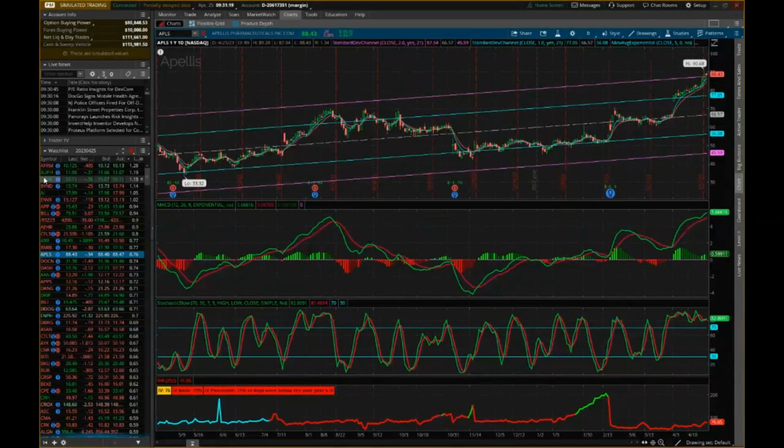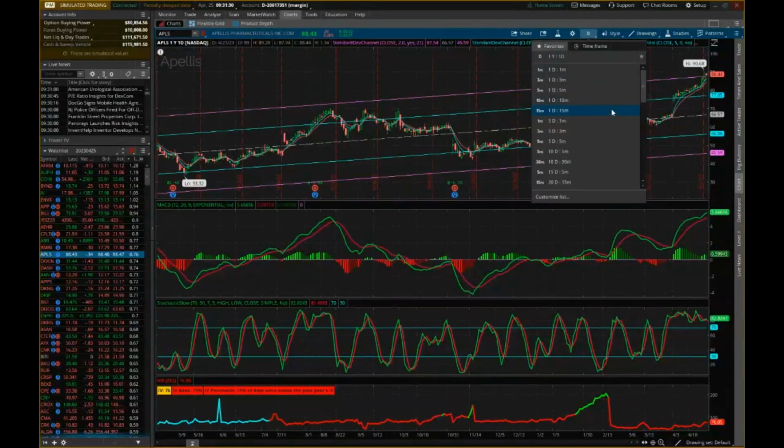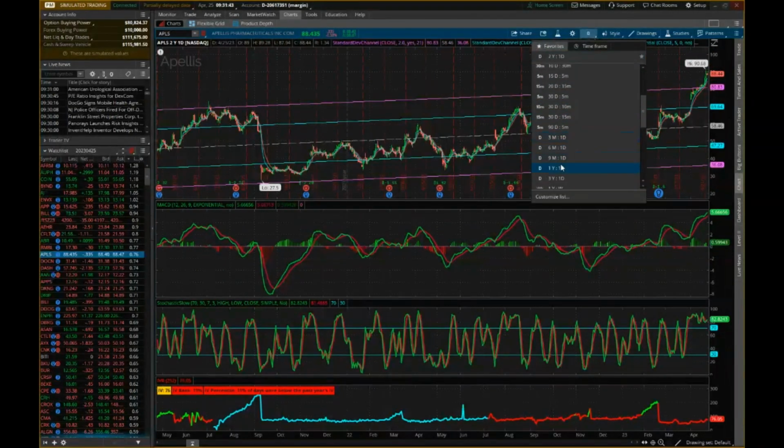APLS. I don't like the upward trend, but I do like how it's touching this top LRC, which, as you can see, it hasn't done all year. And even from a 2-year perspective, it's way overbought. So let's go back to the 1 year.